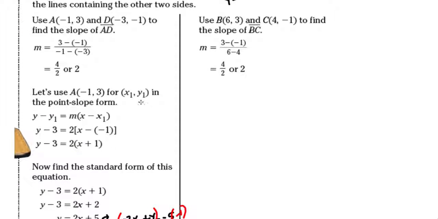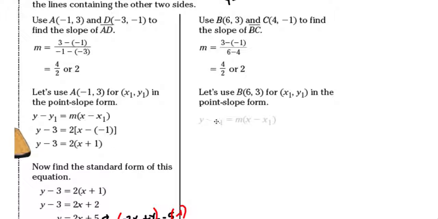If they're parallel, that means they have the same slope. So let's use B, 6, 3 for x sub 1, y sub 1. The easiest ordered pair to use would be all positives, because you don't have to deal with multiplying a negative with a negative.